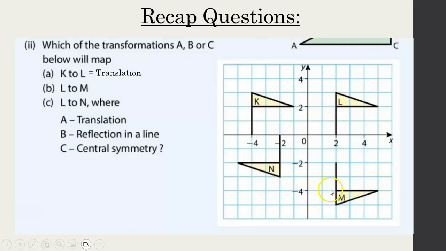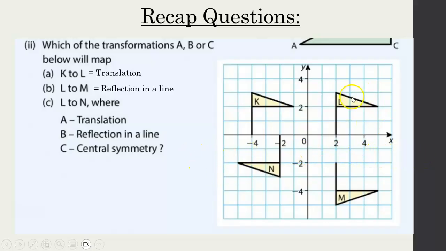From L to M. Now, what's going on here? Think about it. It's a reflection in a line, or axial symmetry. And why is that? Imagine if I drew a line maybe roughly there.